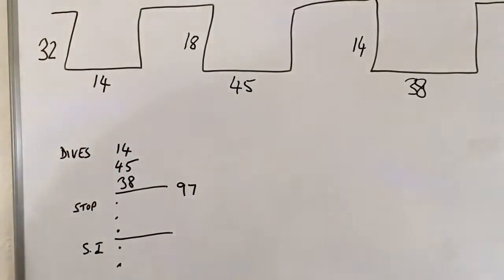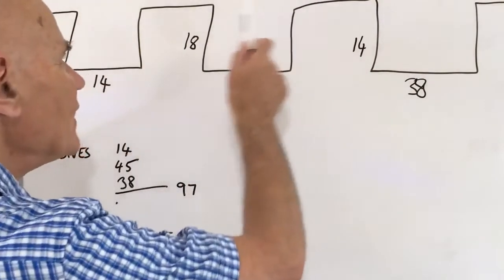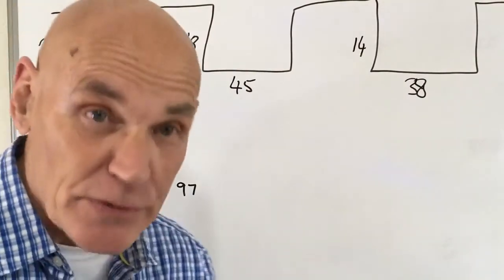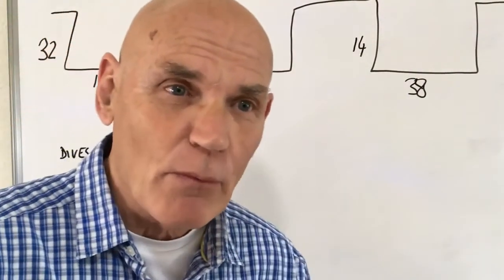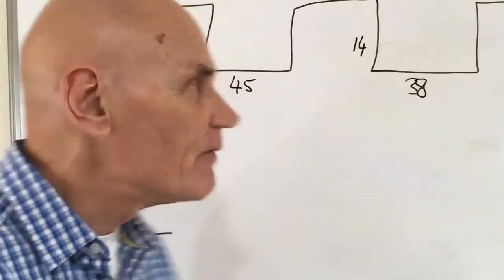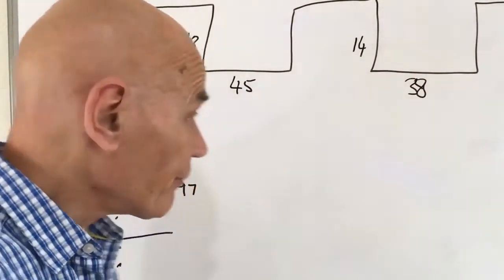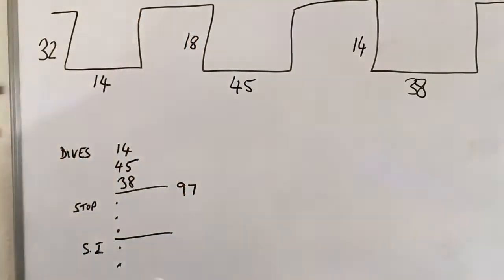So what this is all about is PADI want you to calculate the surface interval between 3 dives. Well, they want the minimum surface interval between 3 dives, and once you've worked out what they are, it asks you what is the total length of time from starting here to finishing here, and you need to count the safety stops in as well, which is why I've put a list here.